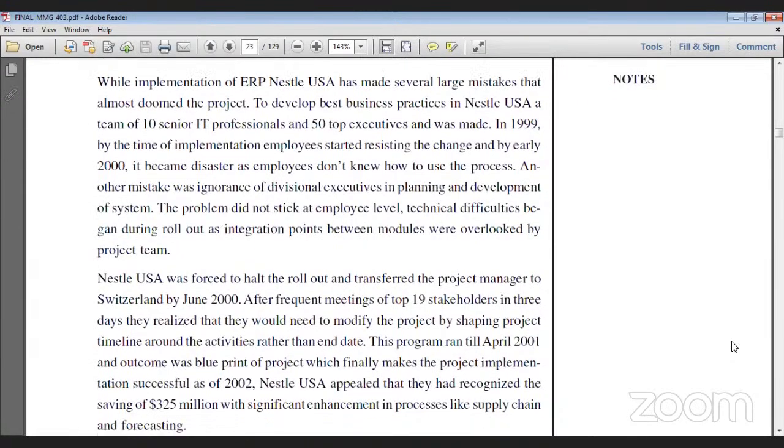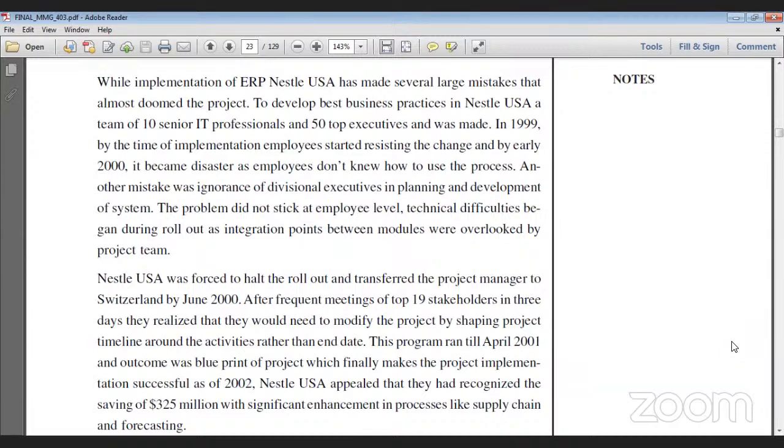2000. After frequent meetings of the top 19 stakeholders over 3 days, they realized they needed to modify the project by shaping the project timeline around activities rather than an end date. The program ran till April 2001, and the outcome was a blueprint of the project, which finally made the project implementation successful.